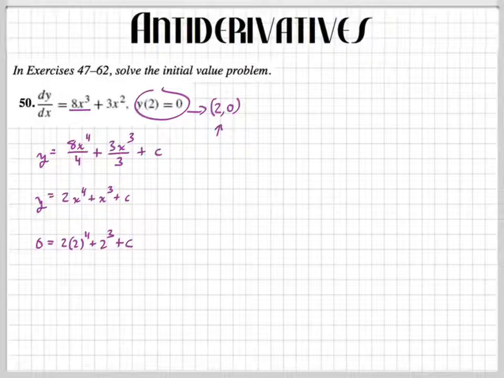Now we can find out what c is. 2 raised to the 4th power is 16, and then 16 times 2 is 32, and then we get 8 plus c. We move everything to the other side. c is going to equal negative 40. So then you come back up to this guy, and you plug in negative 40 right there.